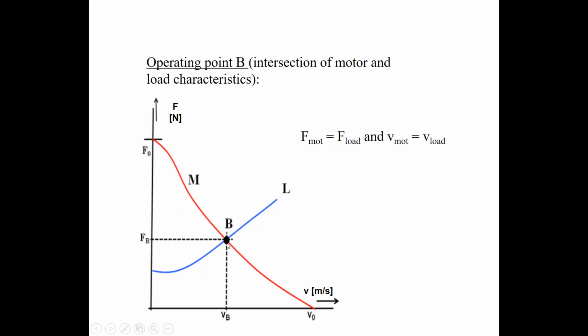On the horizontal axis, we have the point where the speed of the motor, V motor, equals the load speed, and that is equal to the speed VB. So the intersection point of the load characteristic and the motor characteristic defines the speed at which the motor and the load operate and the required motor and load force.